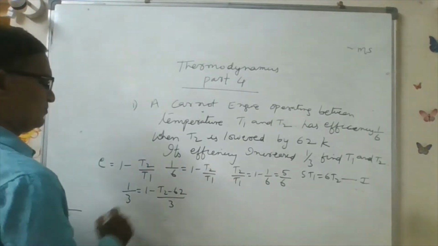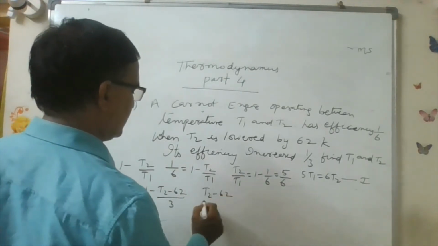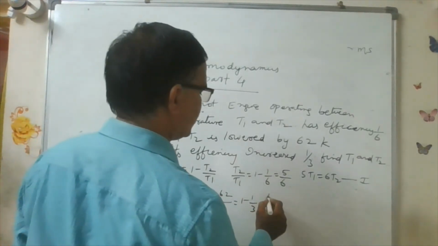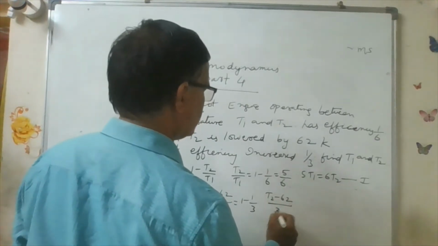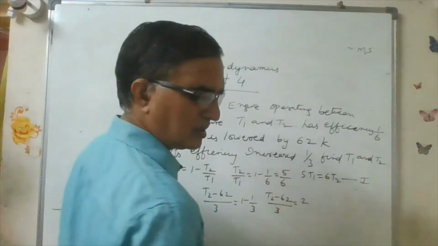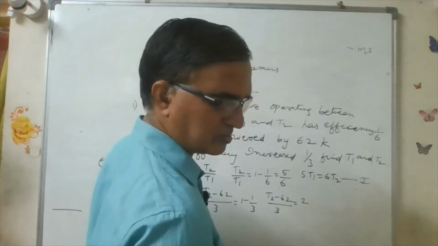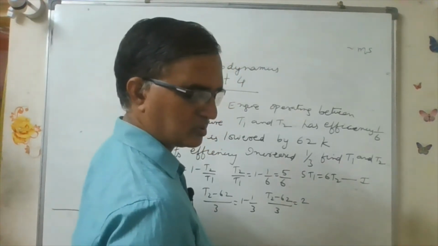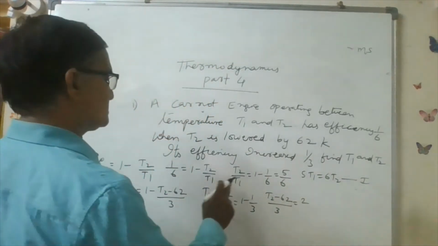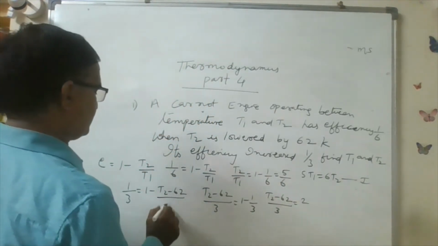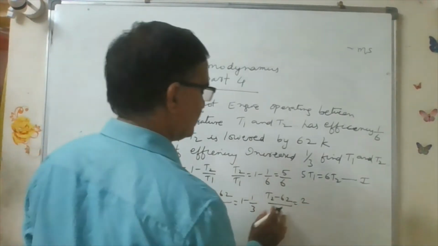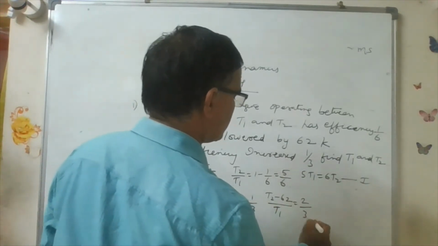Now again, (T2 minus 62) by T1 is equal to 1 minus 1/3, that is 2/3.